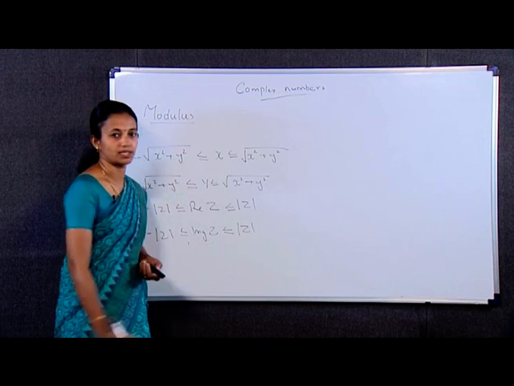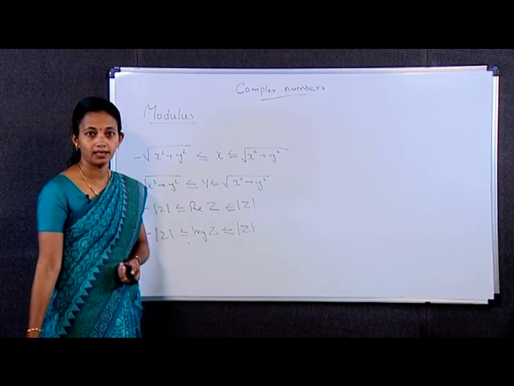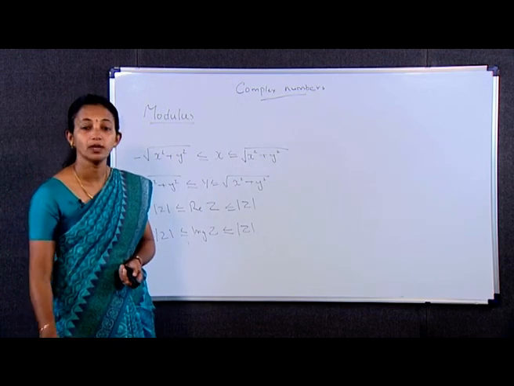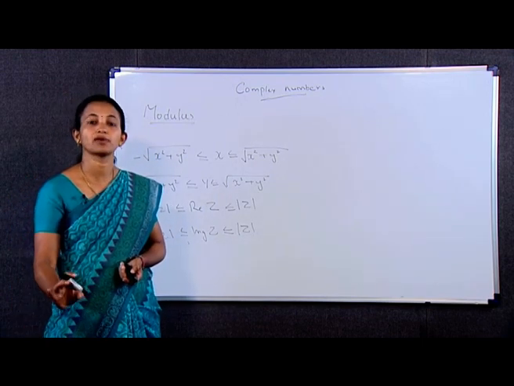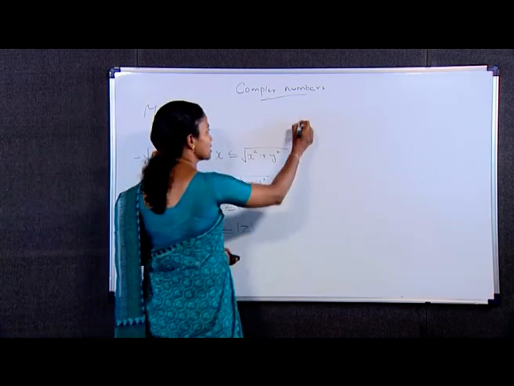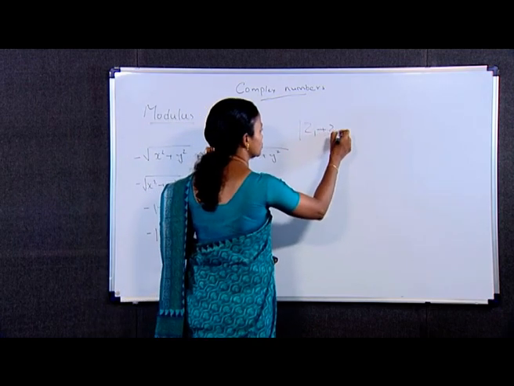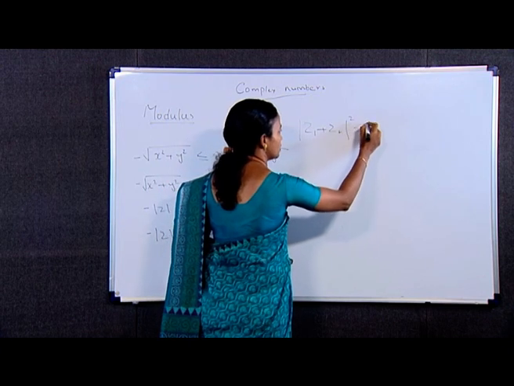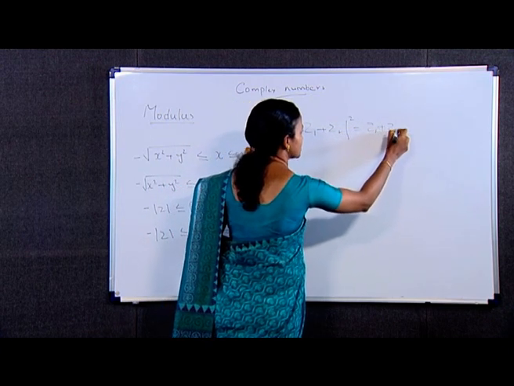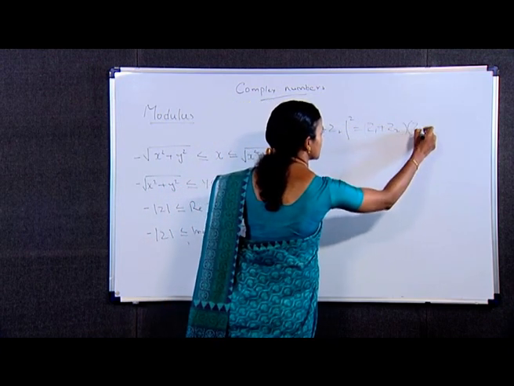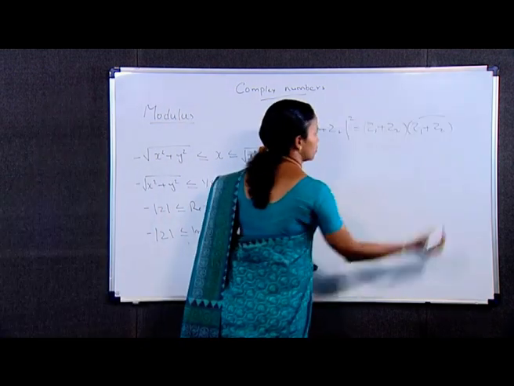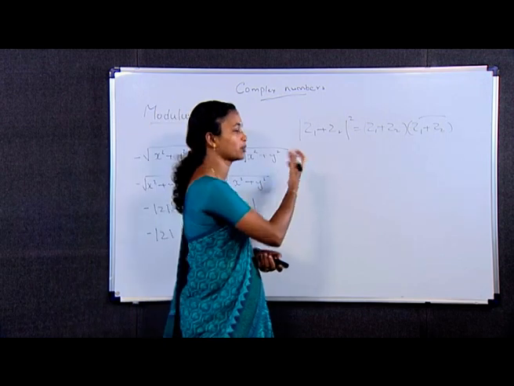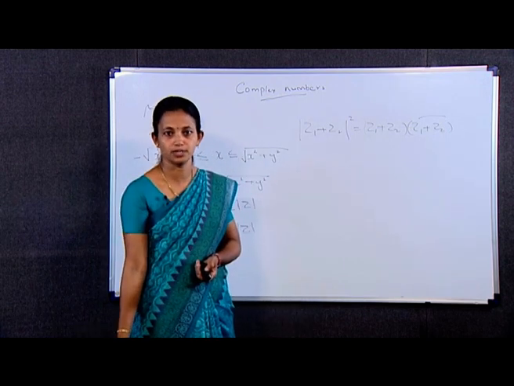Then we have mod z1 plus z2 whole square is equal to z1 plus z2 into the conjugate of z1 plus z2, using the property mod z square equal to z into z bar.